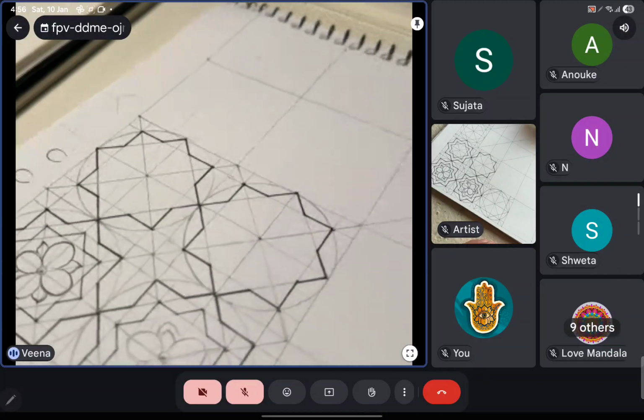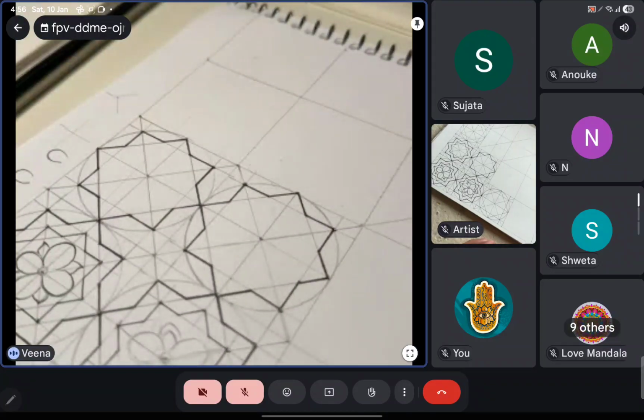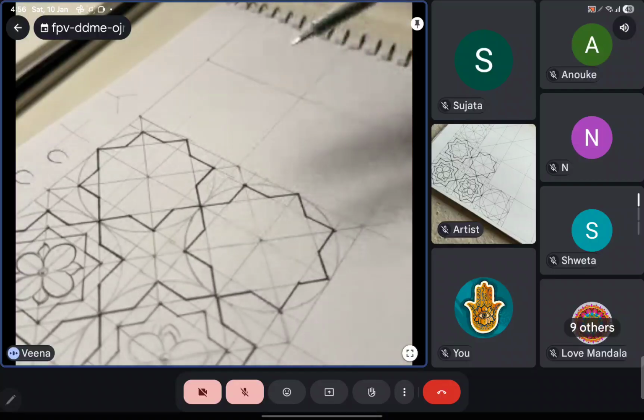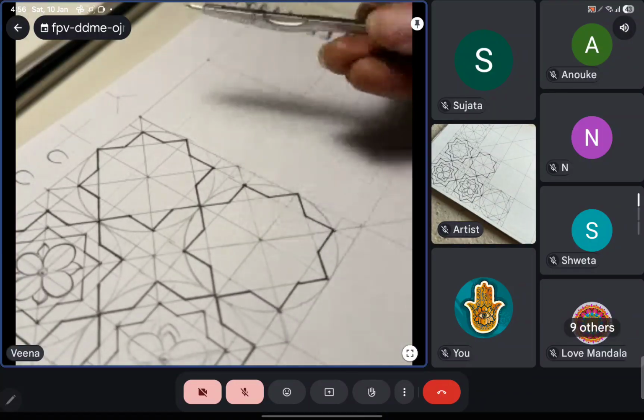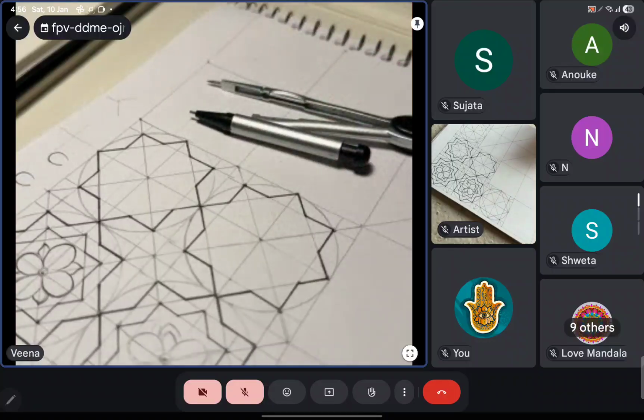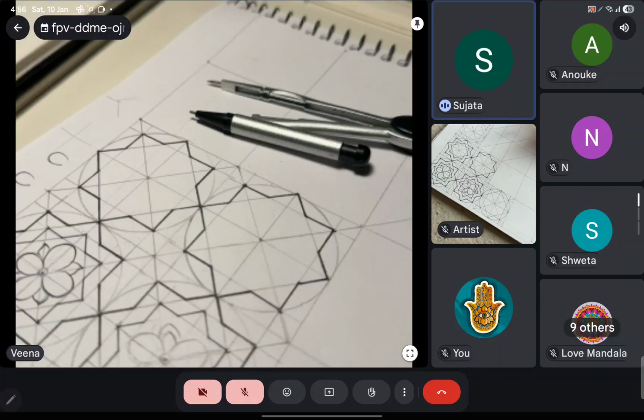If everyone's okay until here, I know we are almost close to the end of our workshop. I'll be showing how to insert the mandala grid, and then we are good to go. So the top second one will be with the three petals.